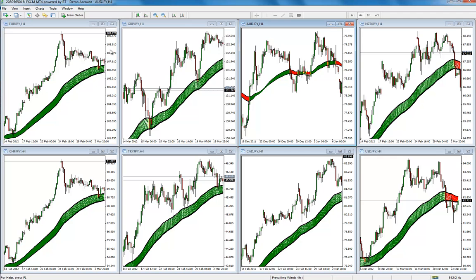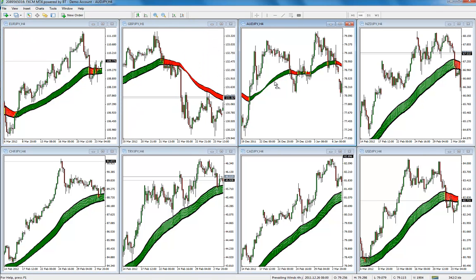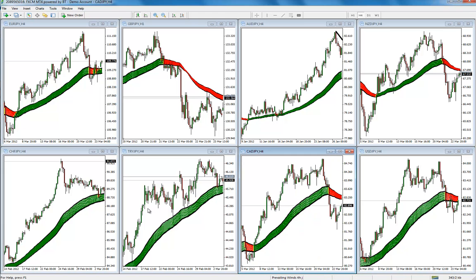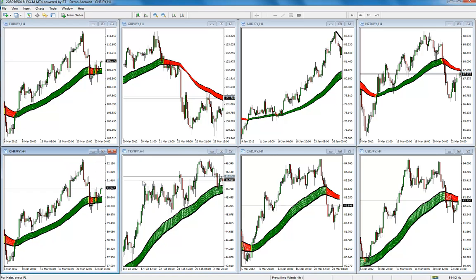So again, instead of the US dollar, these are all the yen crosses. So this is the euro yen, the pound yen, the Australian yen, the New Zealand yen, the Canadian yen, and the Swiss yen. I think you guys can work that out.